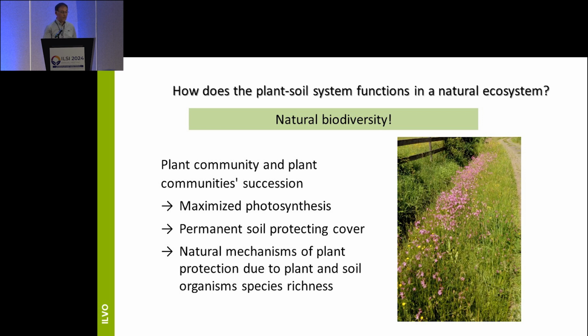And another aspect is that you get natural mechanisms of plant protection due to the plant and soil organism species richness. So we can learn a lot about natural ecosystems, and mimicking these mechanisms of plant nutrition and plant protection in agroecosystems can help us a lot.